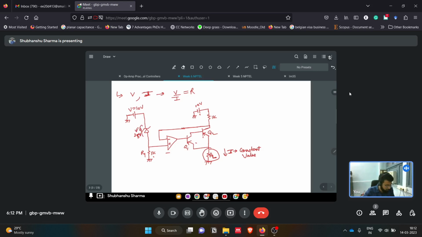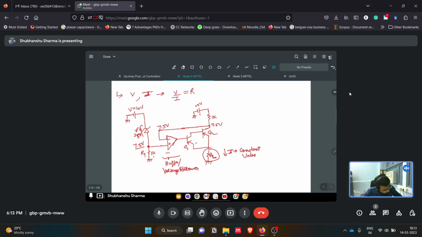So here we will get 7.5 volts. Since we have a buffer here, or a voltage follower, whatever the voltage is at the non-inverting side of the op amp will be transferred to the inverting side. That is, 7.5 volt.